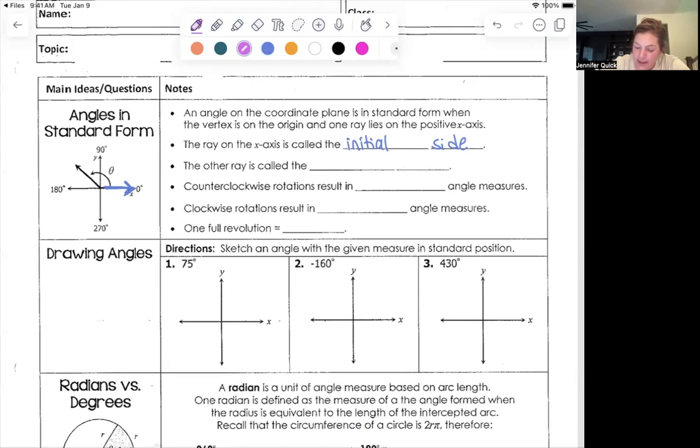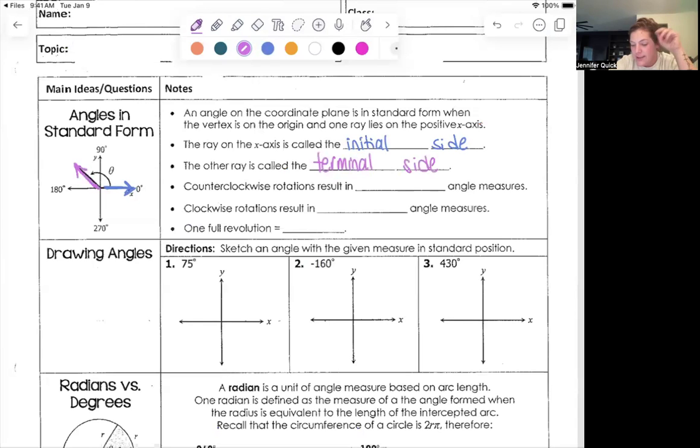The other one, the one that is moving, this one right here, is called the terminal side. Now, why? I'm not really sure. It kind of reminds me of a terminal at an airport. Sometimes, if your plane's flying in, your plane might end up needing to go to a different terminal, and so terminals of planes end up changing all the time. So maybe that's how you remember it.